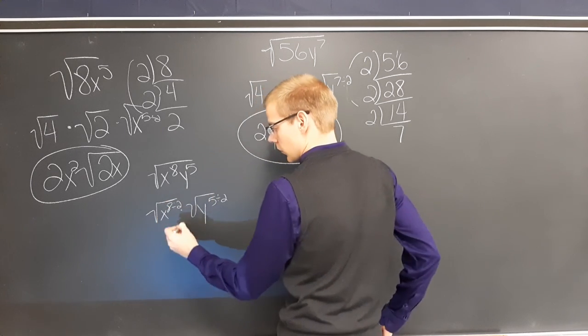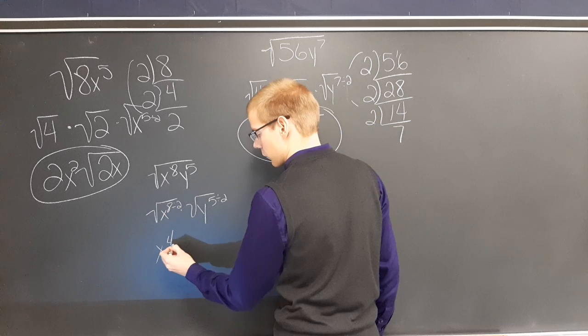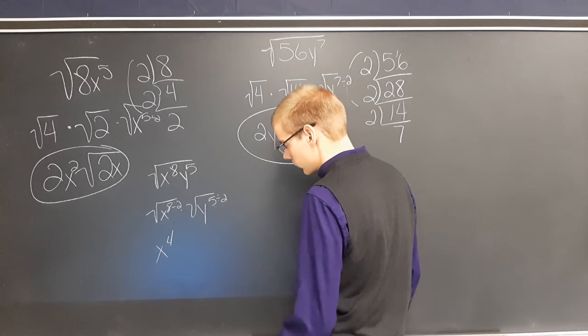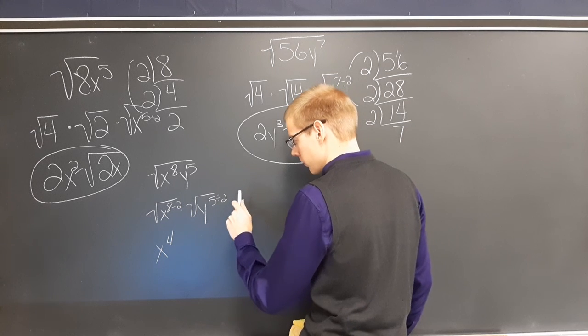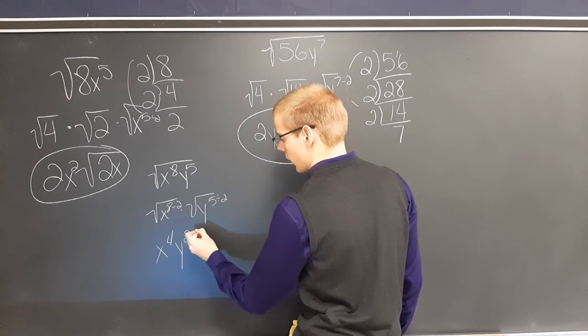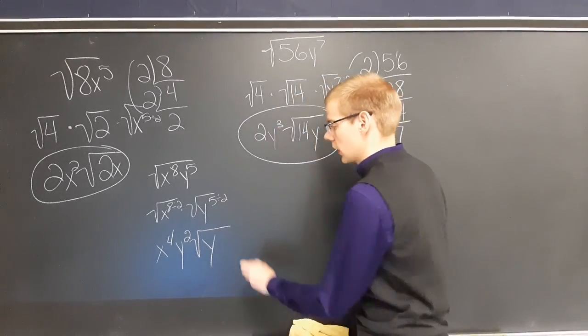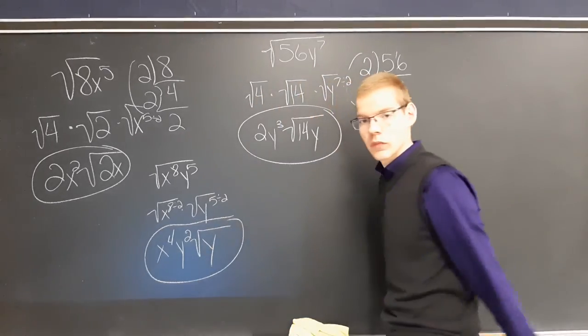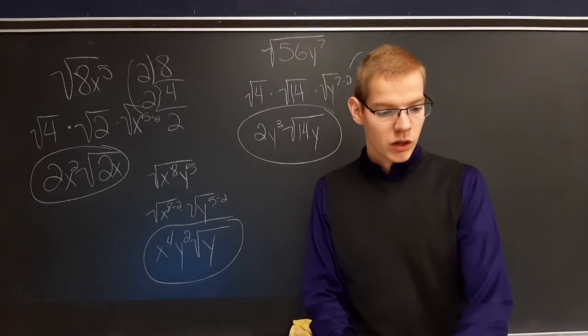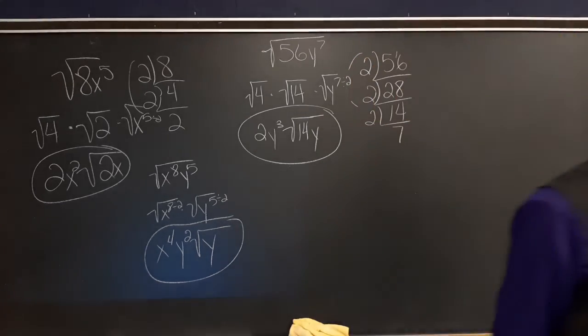Then x goes in there evenly 4 times, and then y, 5 goes into 2 twice, and we have 1 left over. Pretty simple. Moving on to the next one, number 4.